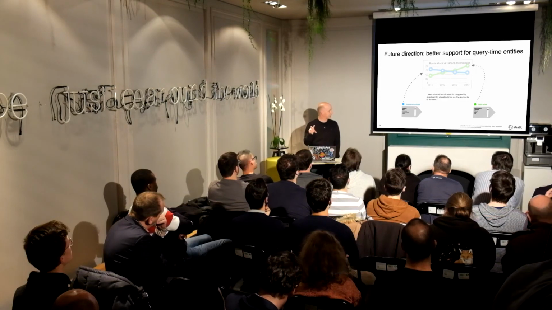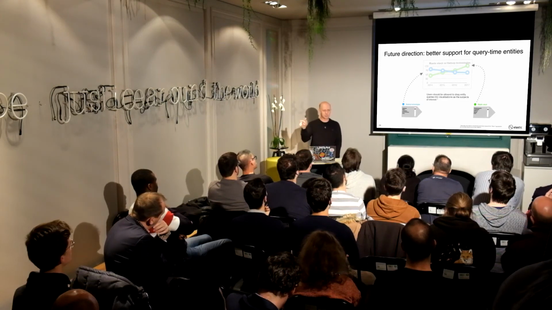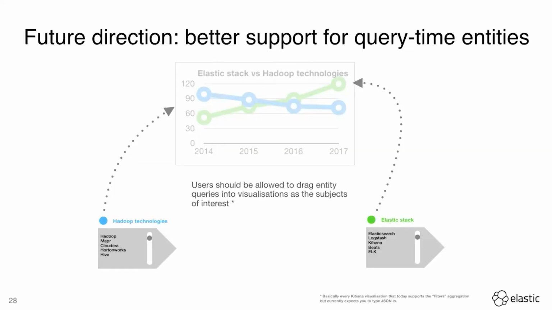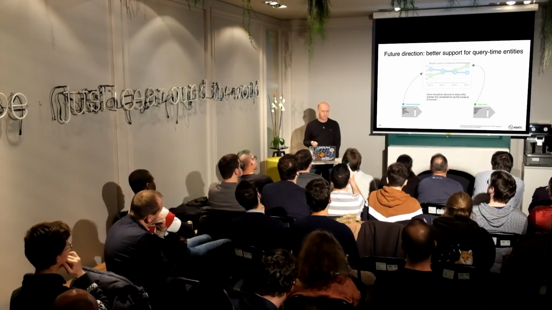Draw me another line showing the Elastic Stack. So I might, again, take a bunch of words, Elasticsearch, Logstash, Kibana, or Beats, and group them together and say, that's an entity. It's an entity that I've just come up with at query time because it wasn't there in the index. And that's what I want to use as the subject of my analysis. So I think we have to live with a mix of things.